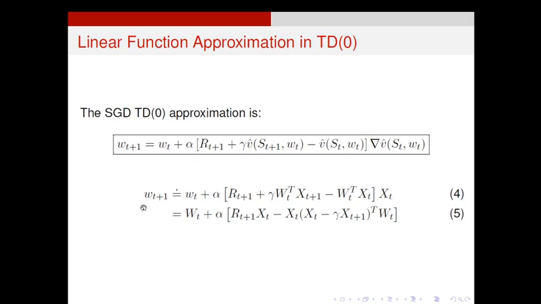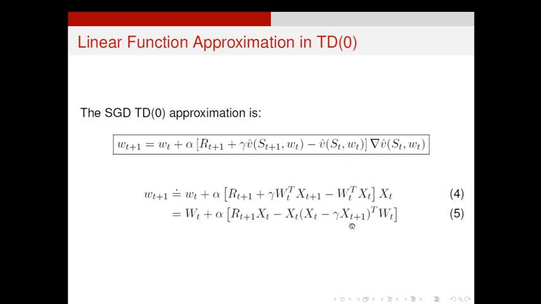So the weight updation formula becomes Wt plus alpha into Rt plus 1 Xt minus Xt into Xt minus gamma into Xt plus 1 transpose Wt. So the new weight update, that is Wt plus 1, is in terms of Wt and the difference of X values.